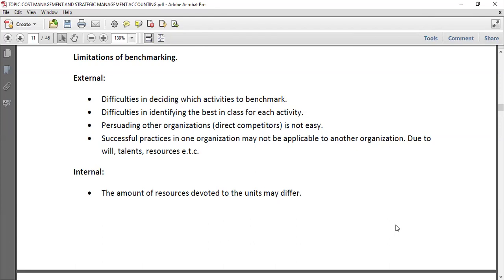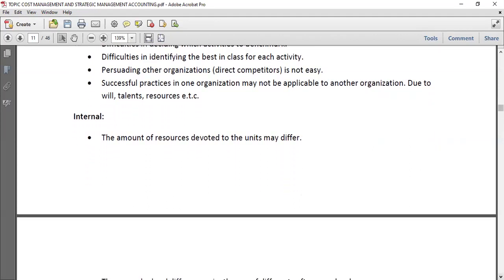MTN may be offering internet to its staff who are working from home, and Stanbic wants to benchmark the same approach. Yet the other is a telecom company, maybe they can afford that. And for you, you're in your own other capacity, okay? So that is one of the things that you may look at here.